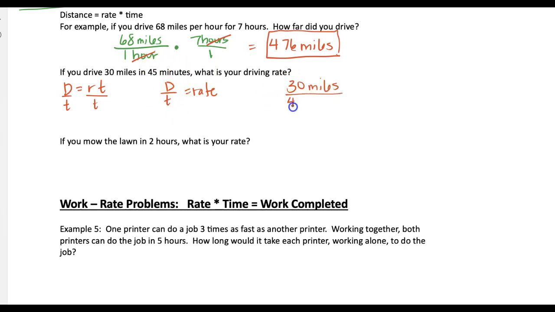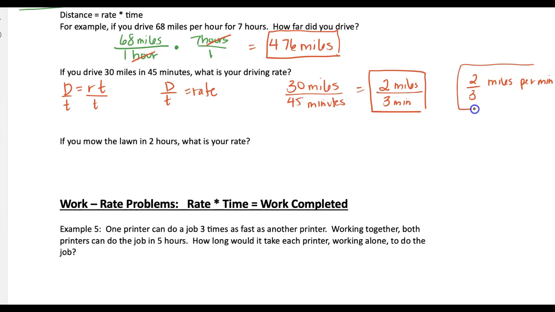They said 45 minutes. And then we're going to reduce. So I can reduce both of these by 15. So 30 divided by 15 is going to end up being 2 miles. And 45 divided by 15 is 3 minutes. So we can write this as 2 miles every 3 minutes, or you could write it as 2/3 miles per minute. And they would mean the same thing.